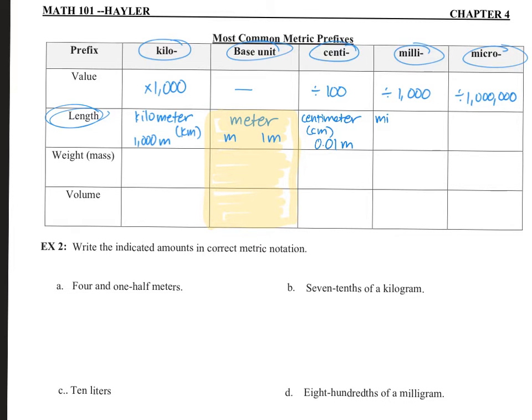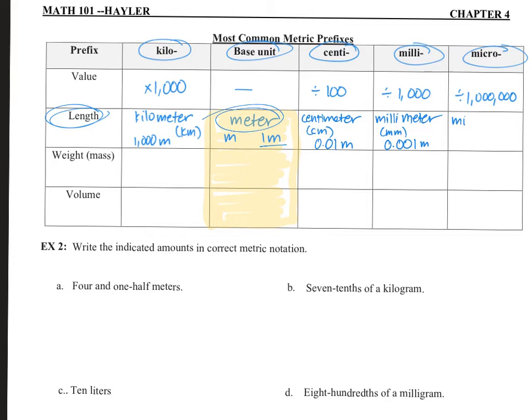Okay, so we're just taking that meter value and tacking on milli in front of it. Millimeter. Well, what is the abbreviation for that? It's going to be mm. In a millimeter, we take our base unit of 1 and divide it by 1,000. So it's going to be 0.001 millimeters. Sorry, meters. 0.001 meters.